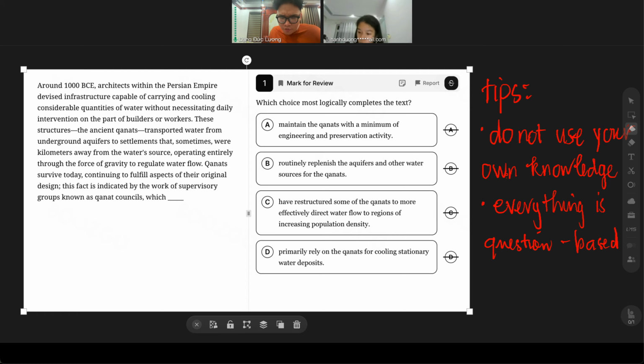If you can use your imagination to answer that question, the SAT will have no meaning. It will have no meaning if you can use your imagination to infer a statement.